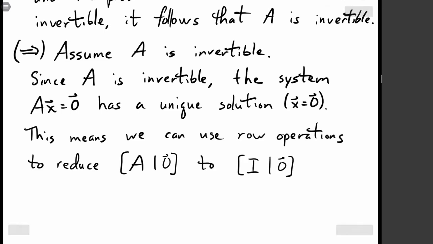We can go all the way down to reduced row echelon form, and it's the identity matrix here.